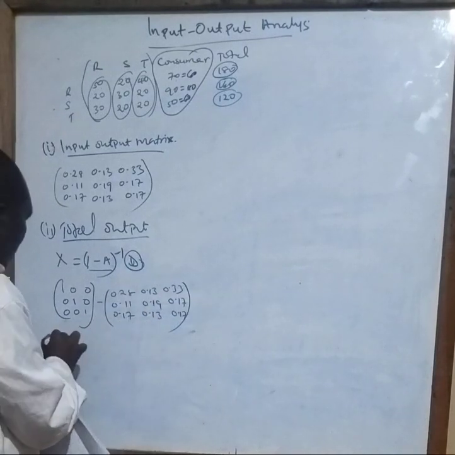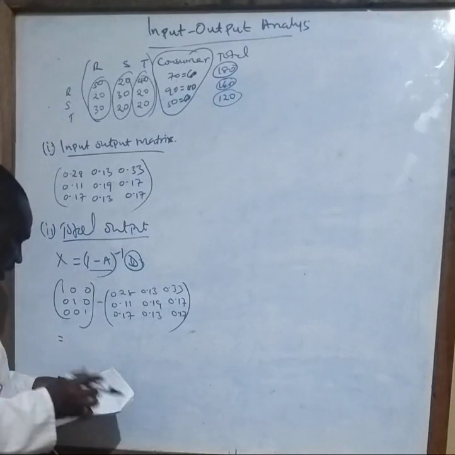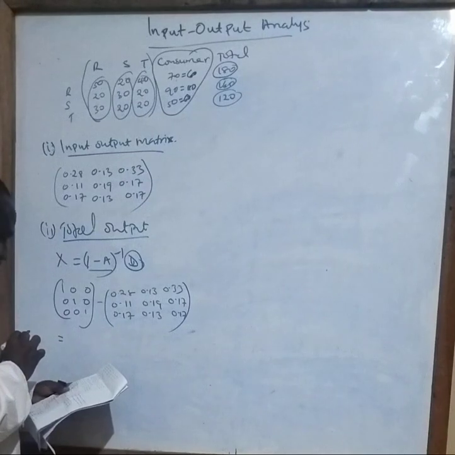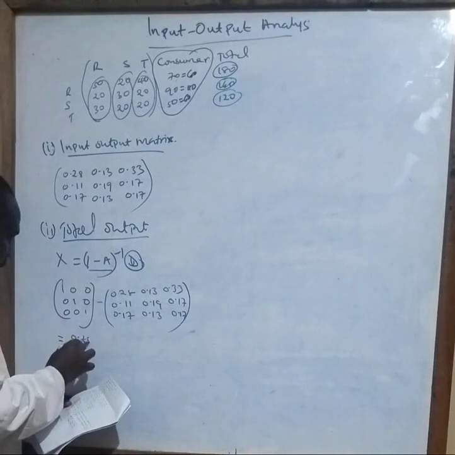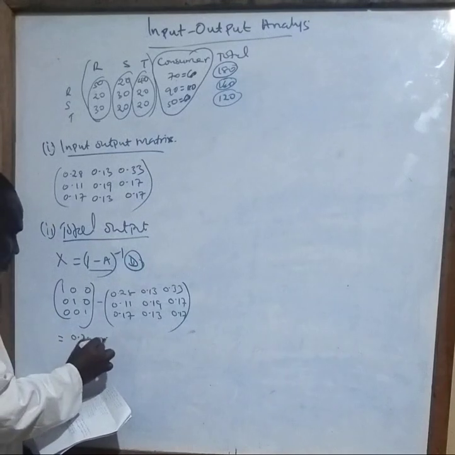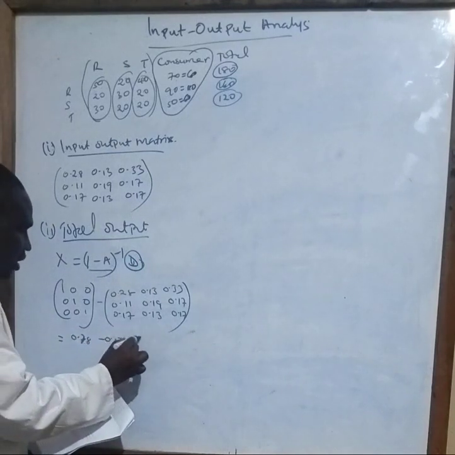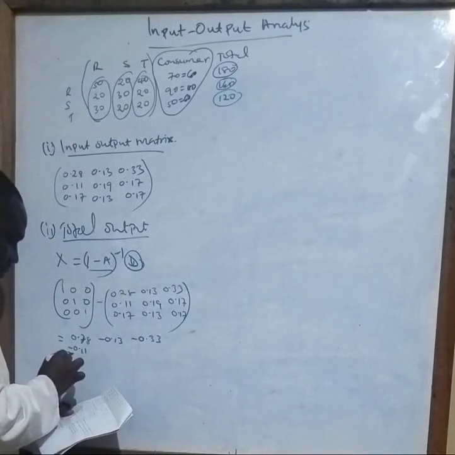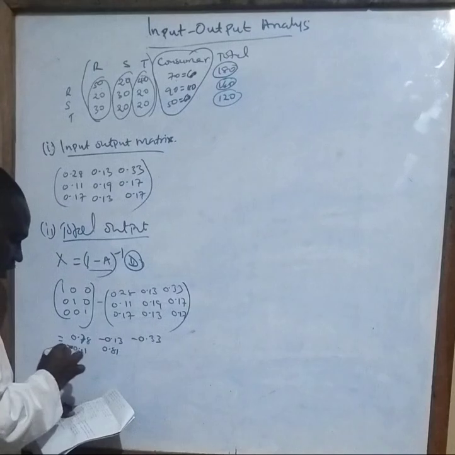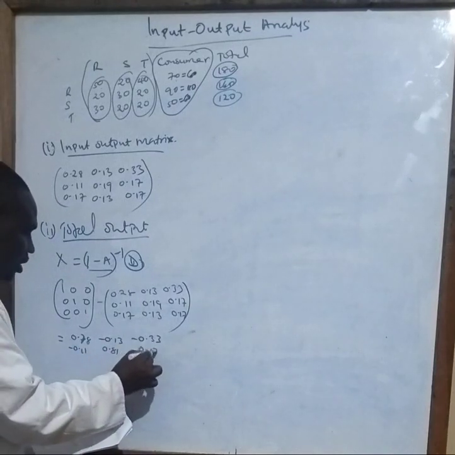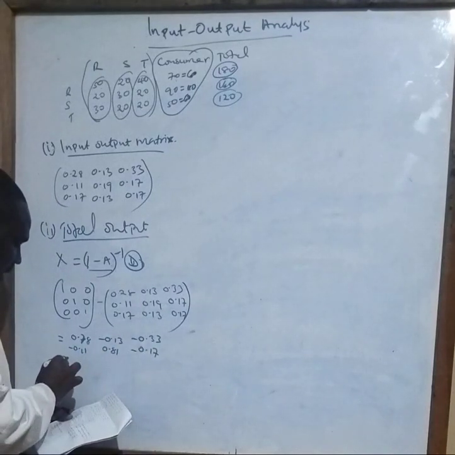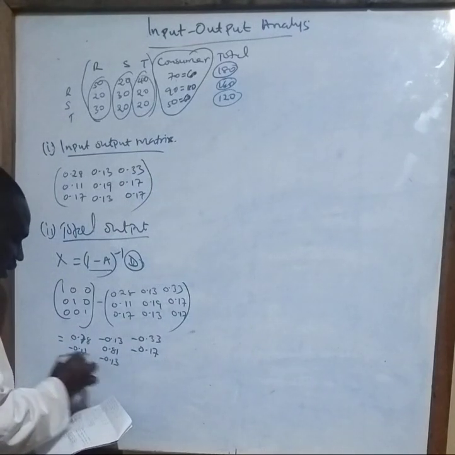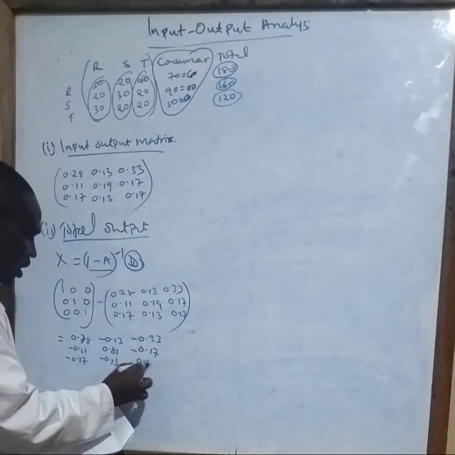Then your final answer there, if you work out that subtraction carefully, you will get 0.78, negative 0.13, negative 0.33. The other one is negative 0.11, positive 0.81, and finally negative 0.17. Then the other one is negative 0.17, negative 0.13, and positive 0.83.